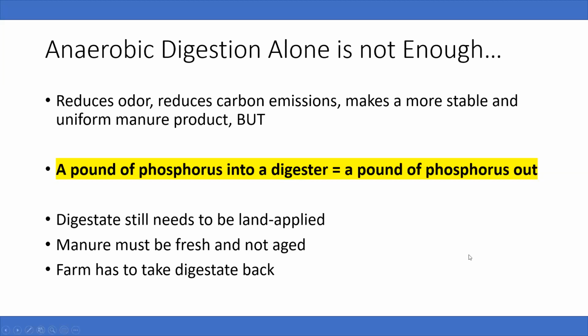So we've been really working on trying to find ways, not only after anaerobic digestion, but with raw manure, to really harvest those nutrients out and create a valuable product that could be sold. Next slide.